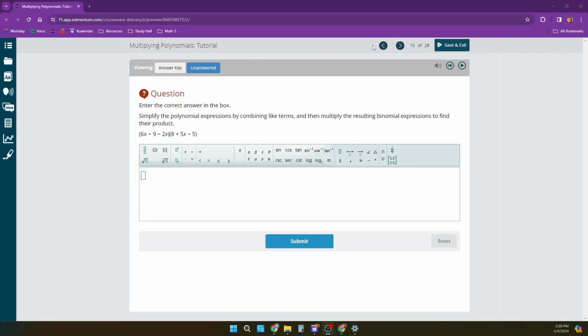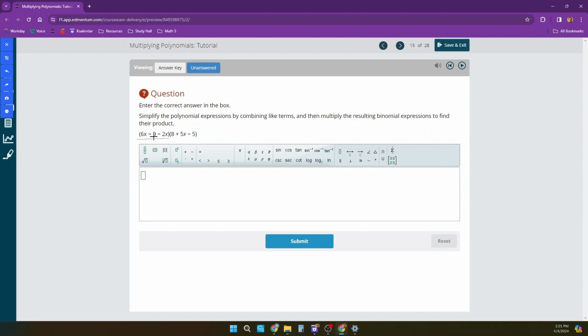Next, we're going to take a look at page 15, where we have a question where it tells us to simplify the polynomial expressions by combining like terms, then multiply the resulting binomial expression to find their product. So we are going to do just that. So let's look at our first polynomial.